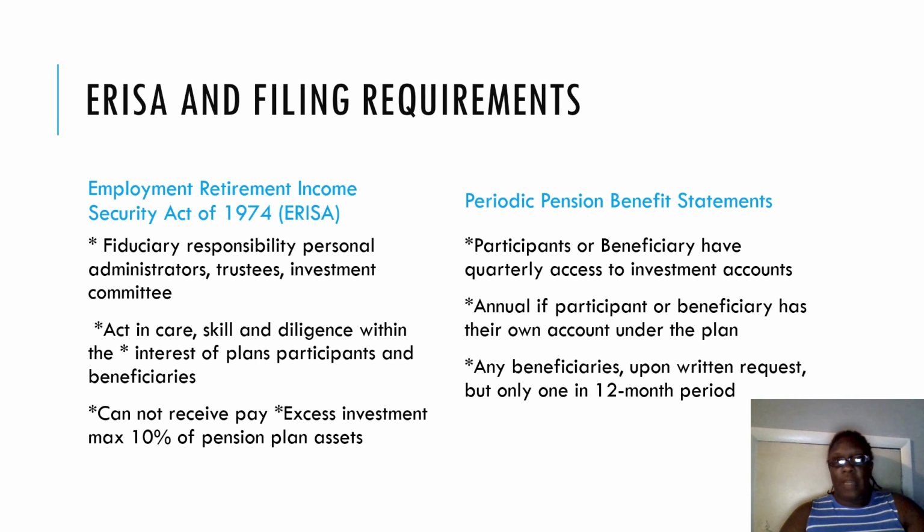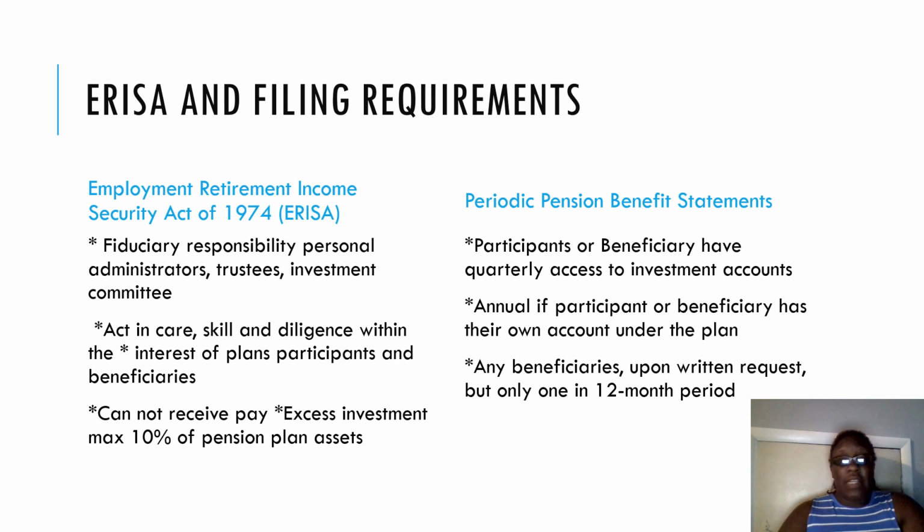The Employee Retirement Income Security Act of 1974, also known as ERISA, and following requirements are what we're going to go over on this slide. You want to understand, as the plan administrator of these plans, that there are certain requirements that you must follow. Act with care, skill and diligence in the interest of the plan's participants and the beneficiaries.